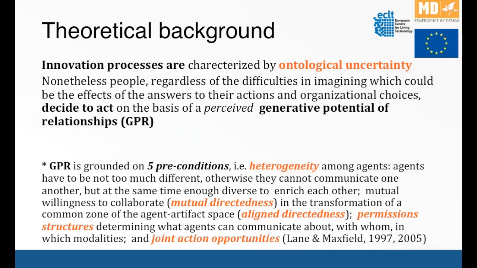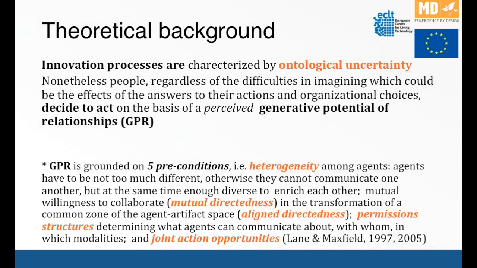Then there has to be a mutual willingness to collaborate, that we call mutual directedness. So people have to be willing to go toward the same direction. And then there has to be an aligned directedness as well. So there has to be a common orientation to do it. So willingness to collaborate and then going in the same direction.